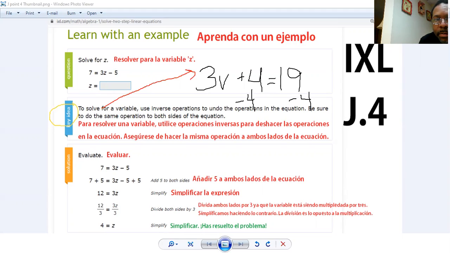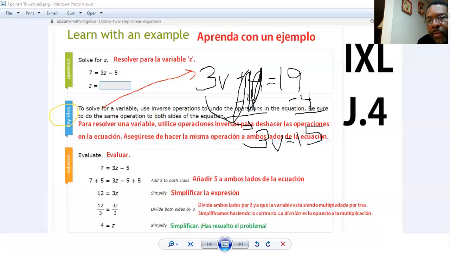Positive 4 minus 4 is 0. We can get rid of the 4. And 19 minus 4 is 15.